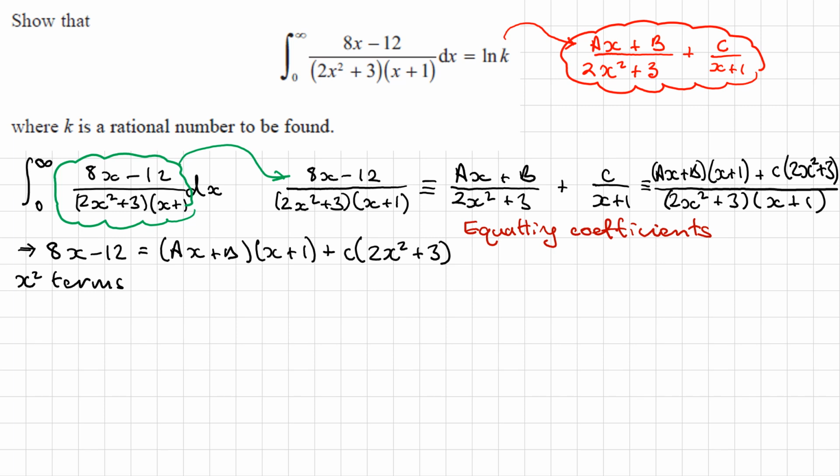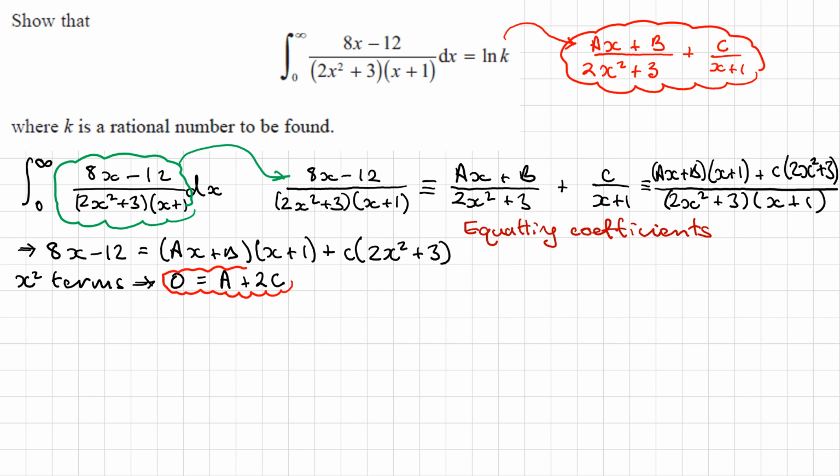Now on the left hand side, the coefficient of the x squared term is 0. So I can make 0 equal to, now what am I going to have in front of x squared on this side? Well, from this bracket, when I expand it, I'll have a, and from this bracket I will have 2c in front of x squared. So I've got a plus 2c is equal to 0. Okay, so we'll hold on to that for a moment.